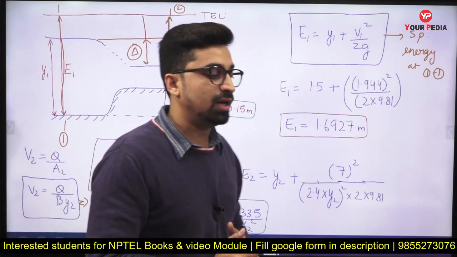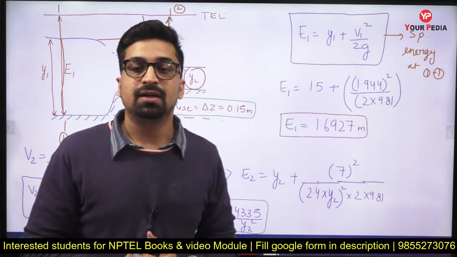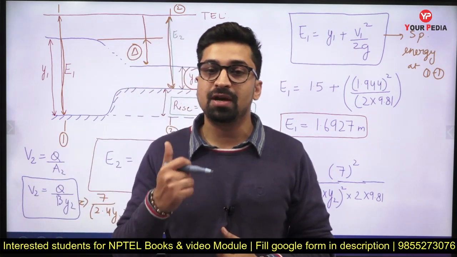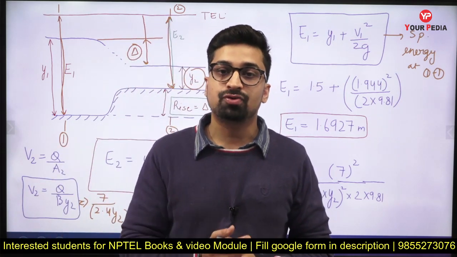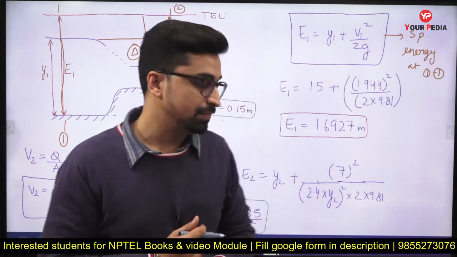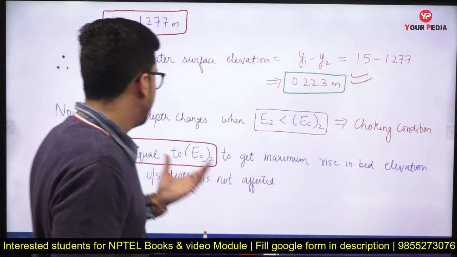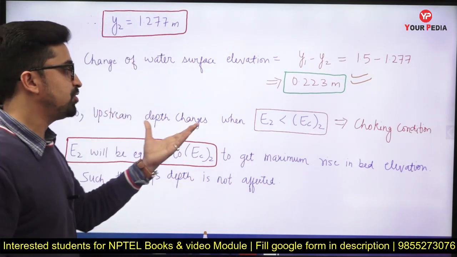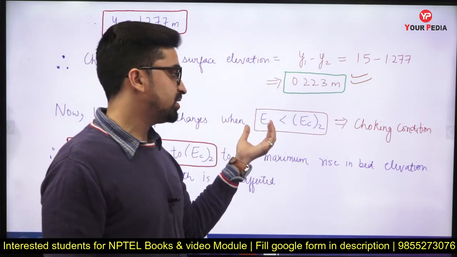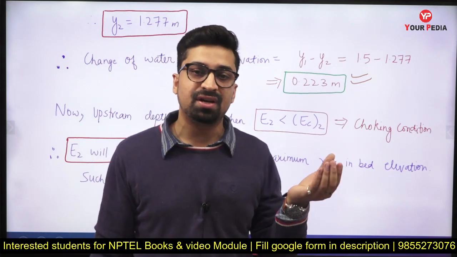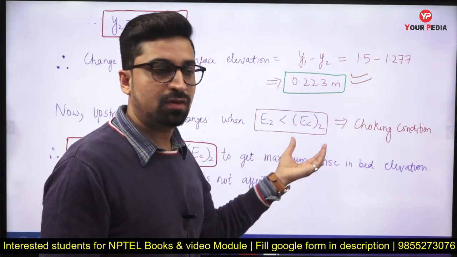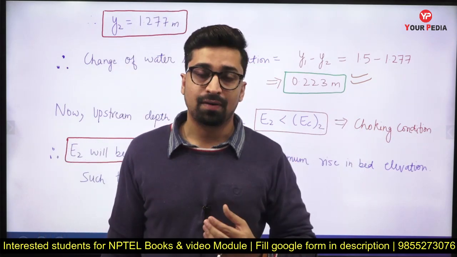What is choking? Basically when choking occurs, the depth of flow at the upstream end changes and the downstream depth becomes critical, right? So from this we can say that the upstream depth changes when the energy at section 22 is less than the critical energy at section 22, and this is basically the choking condition, right?